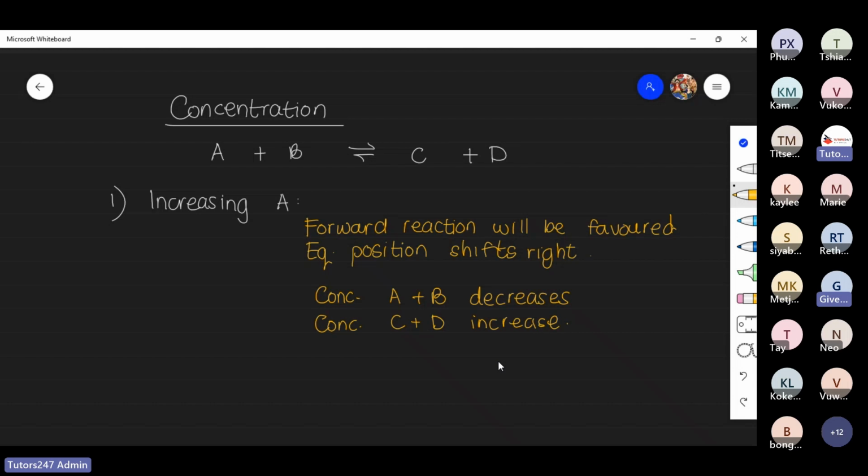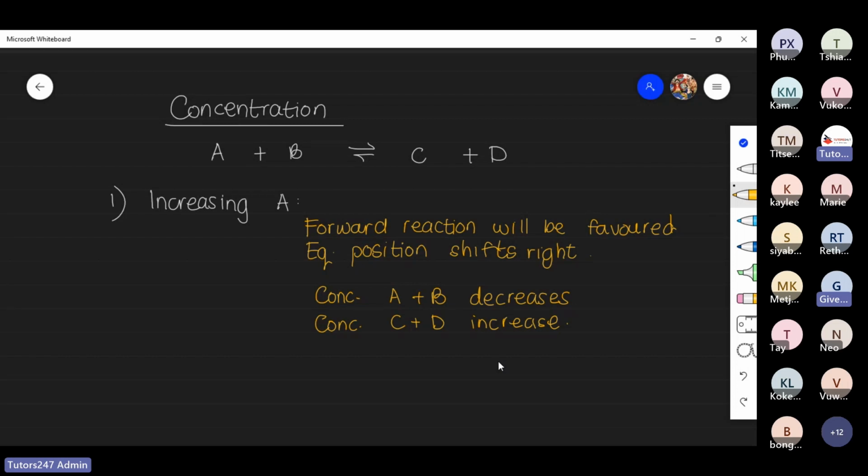The reason C and D is increasing is because we are using up A and B to produce C and D. So basically what we've now done by favoring the forward reaction is we are using up A. Because we've increased A, we now need to reduce it. We now need to get rid of that extra that was added. So we use it up. Okay, now our system has returned to a new state of equilibrium.